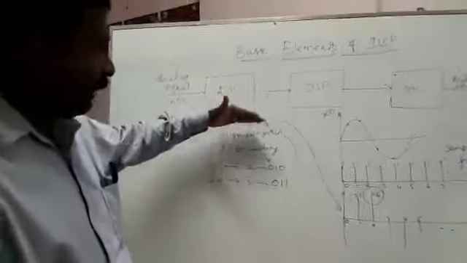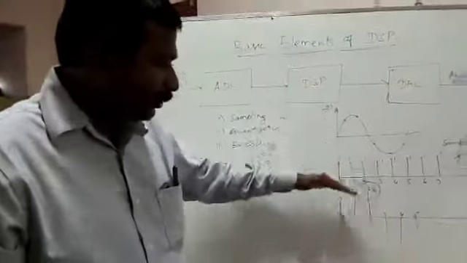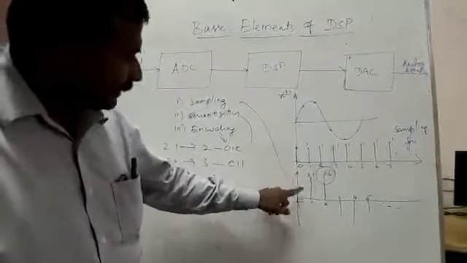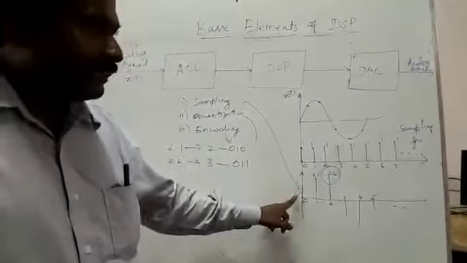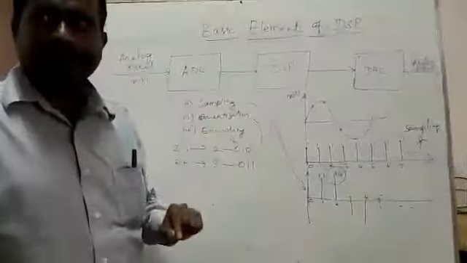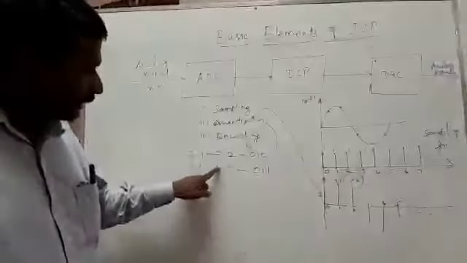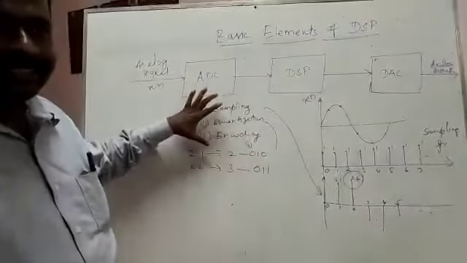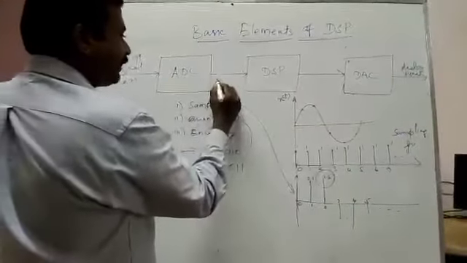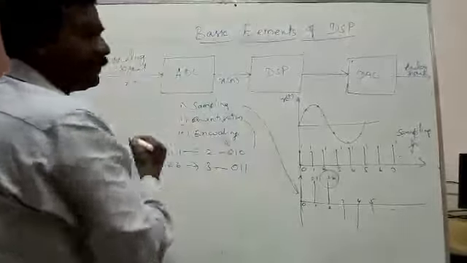So these steps: sampling, converting an analog signal into a signal with discrete time instances. Then in the sampled signal, the fractional values are converted into integer amplitude values, that is called quantization. Then the quantized values are assigned binary numbers, this is called encoding. Then the output of the ADC is a digital signal denoted as X of n.